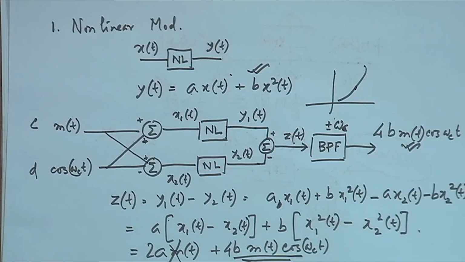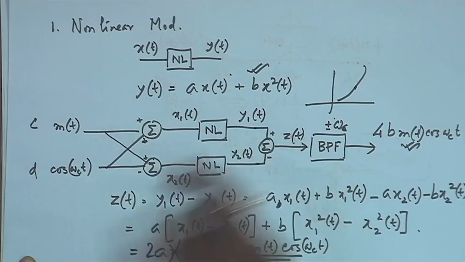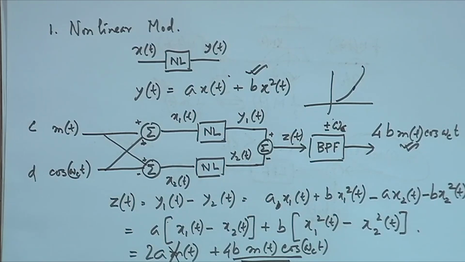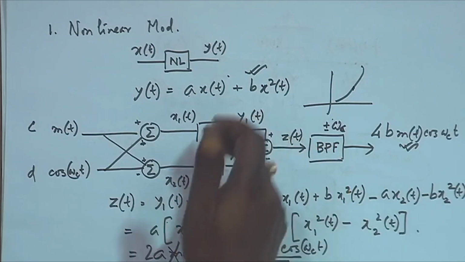So we can see we can devise a multiplier circuit with two nonlinear devices and three adders. Adders are very easy to devise; just take an op amp and you can make an adder. So three op amps and two nonlinear devices properly biased, let us say diodes, so that we immediately get this quadratic relationship, and a band pass filter.